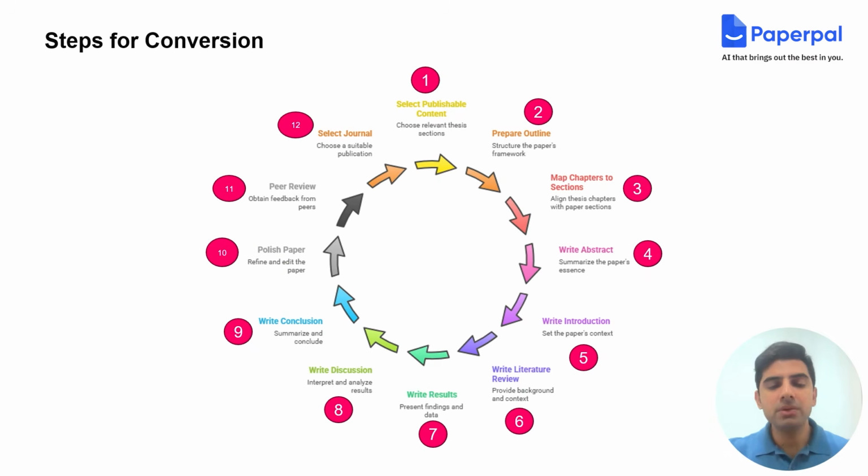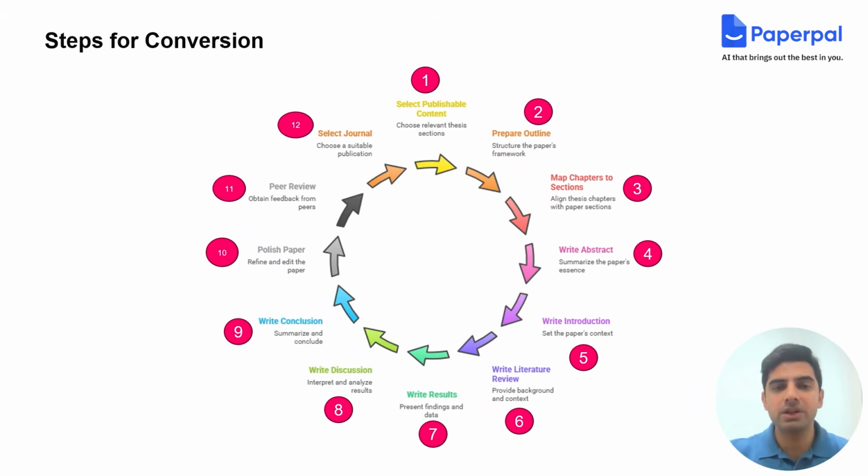Now coming to the main focus of this webinar, which is how we can convert a thesis into a research paper. There are 12 steps that we can follow, and hopefully they can help you convert your thesis into a research paper.